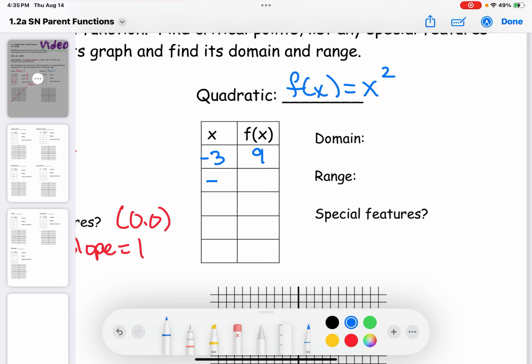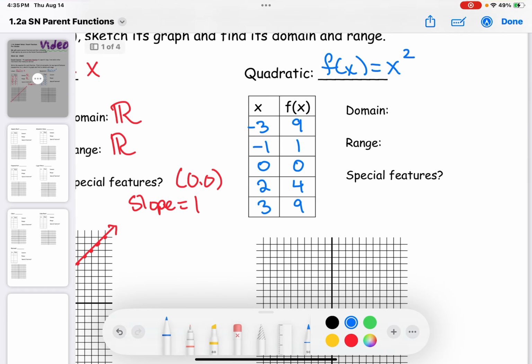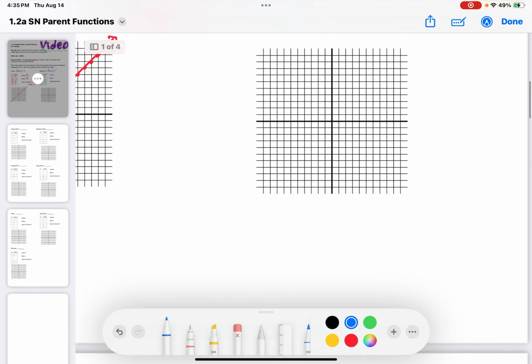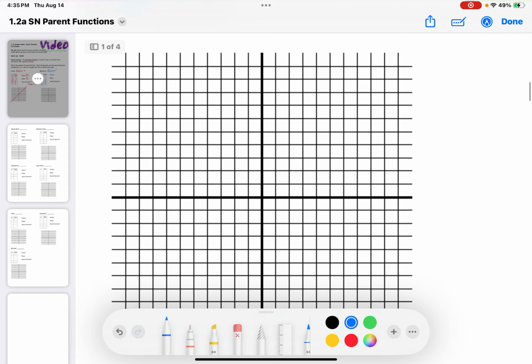If we have an x of -1, we have a y of 1. 0 squared is 0. 2 squared is 4, and 3 squared is 9. We take the x, square it, multiply it by itself, and get the y. So that quadratic parent function does have a vertex at 0, 0.